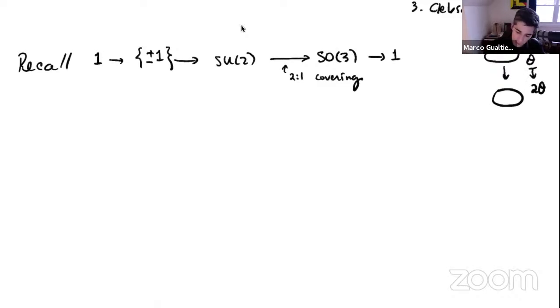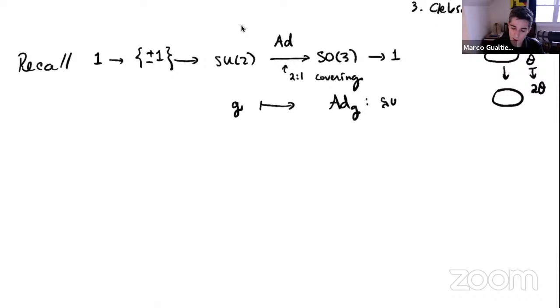And this map, we know what it is. It's called the big adjoint action. In other words, a group element G inside SU2 will be sent to Ad G. And this Ad G, remember what it is?